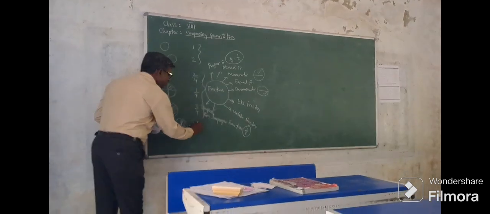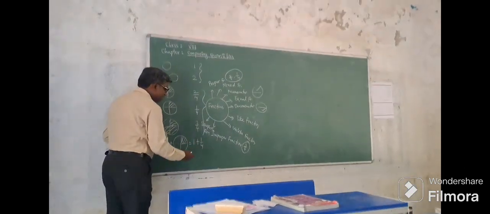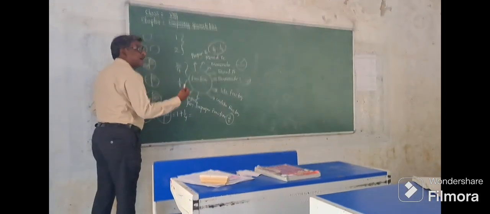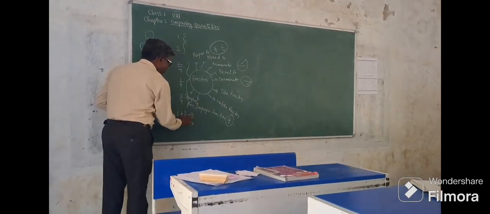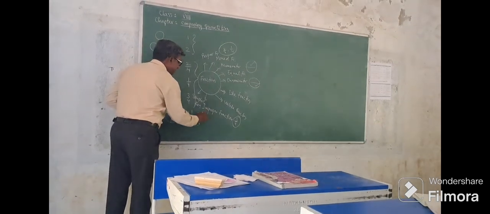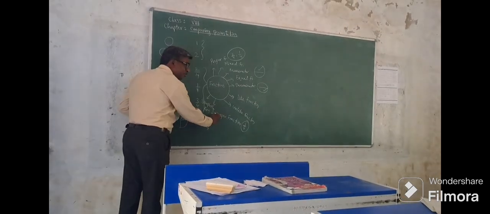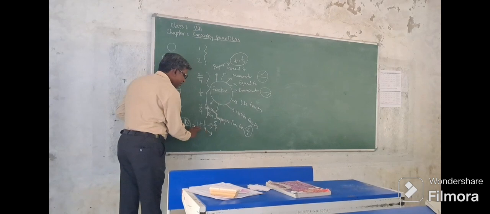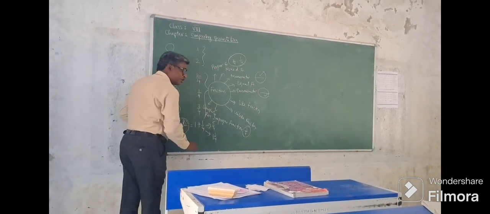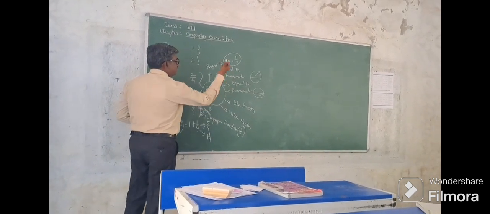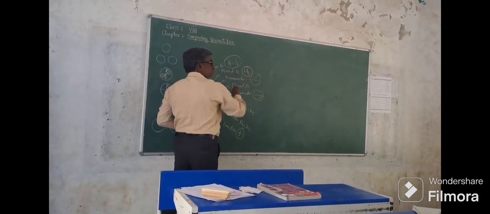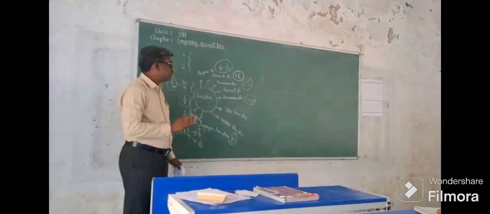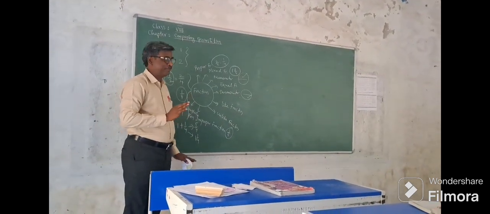Adding 1 plus 1 by 4, it can be written as (4 plus 1) by 4, that means 5 by 4, which is an improper fraction. In another form, it can be written as 1 and 1 by 4. So this is called a mixed fraction. So these are all about fractions.